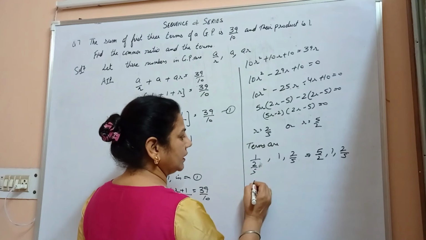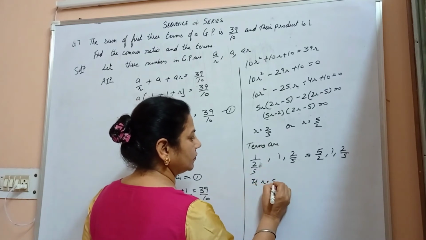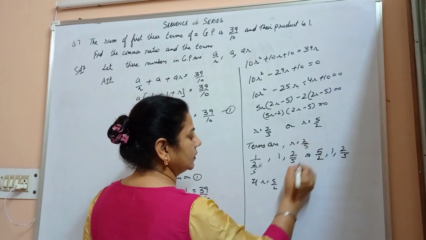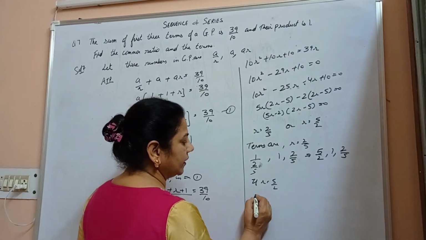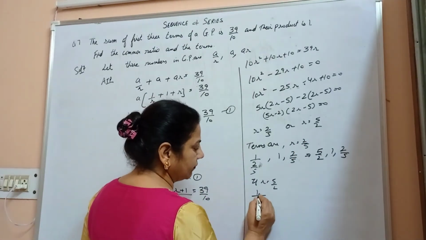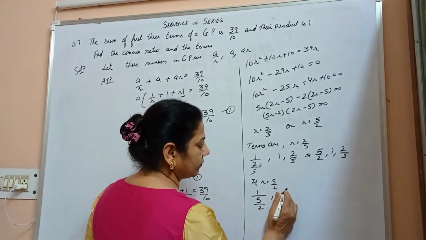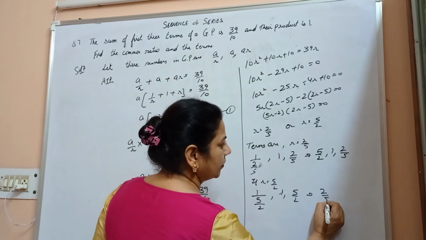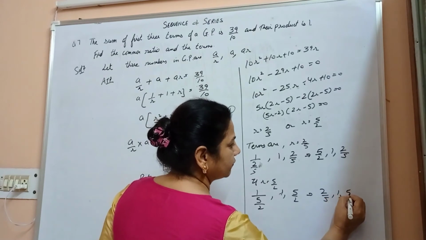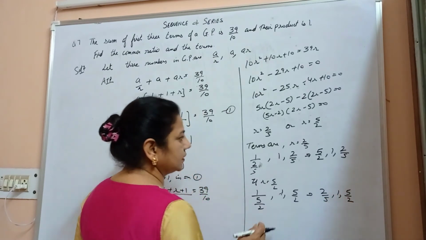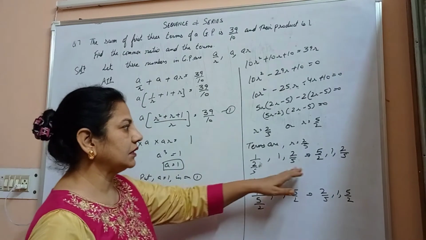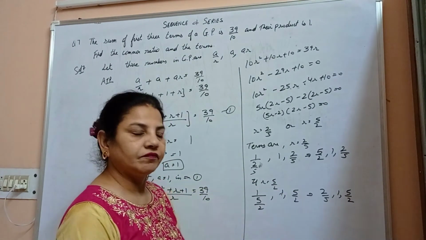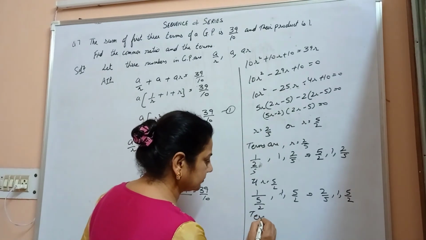Second, if R is equal to 5 by 2, I have the number as 1 upon 5 by 2, 1 and 5 by 2. This implies 2 by 5, 1 and 5 by 2. So the terms are 5 by 2, 1, 2 by 5, or 2 by 5, 1, 5 by 2.